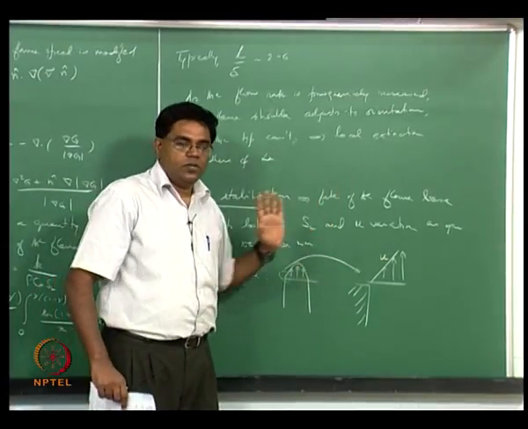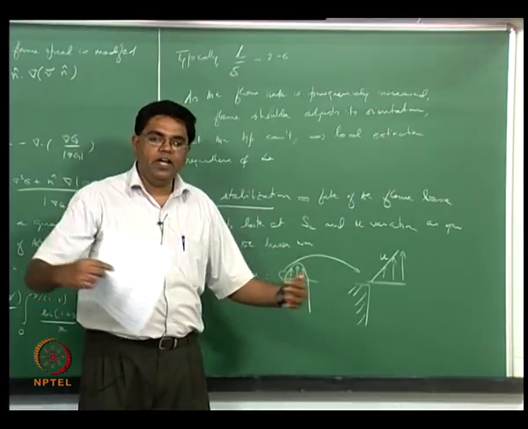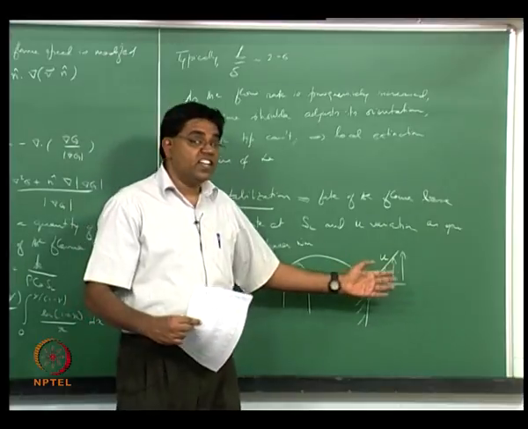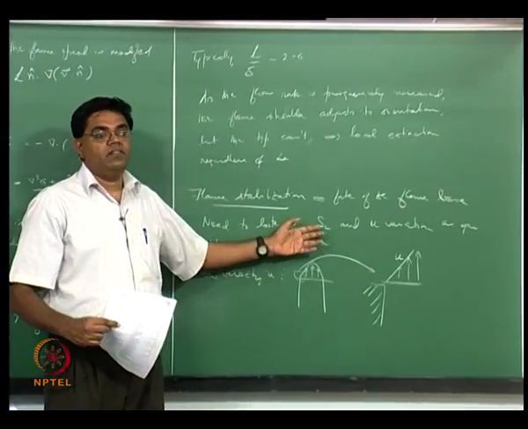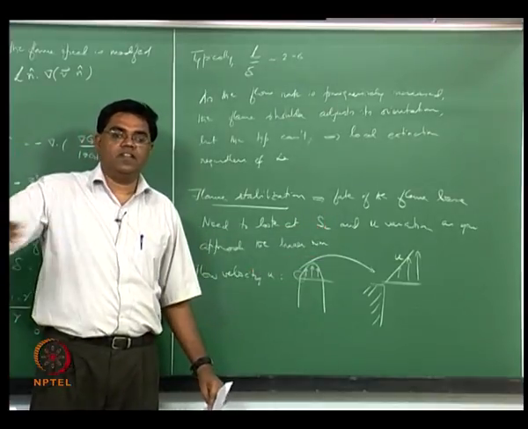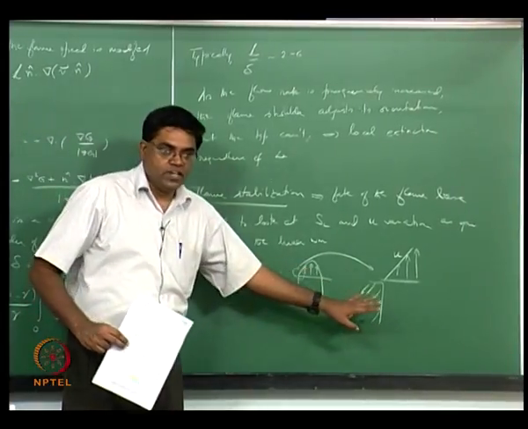So there are no counter effects or competing effects here, but that is not the case with the flame speed. There are competing effects that we have to worry about for how the flame speed changes as it approaches the rim. So it is not so straightforward, so we consider that next.